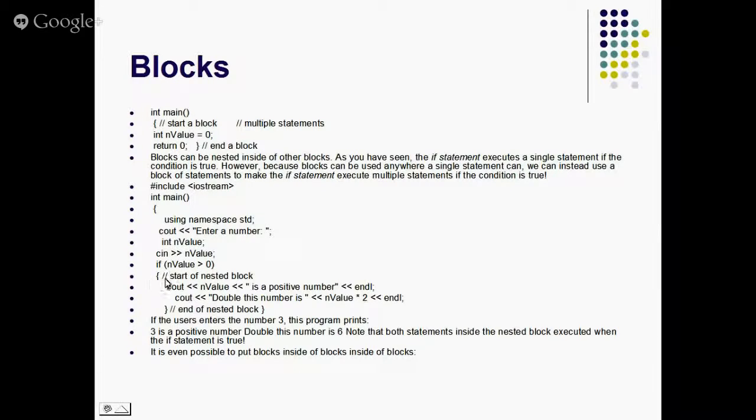So you have the beginning of a block, which is where you will put in the statements. Cout. So you're telling him whether it is a positive number. So you are saying cout n value. N value will show you the number. Suppose I've entered 7, and 7 is definitely greater than 0, so I'll get the output cout 7. N value will be replaced with the actual value of the variable.